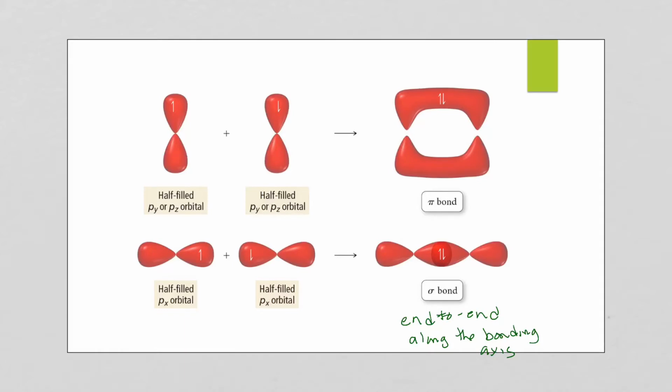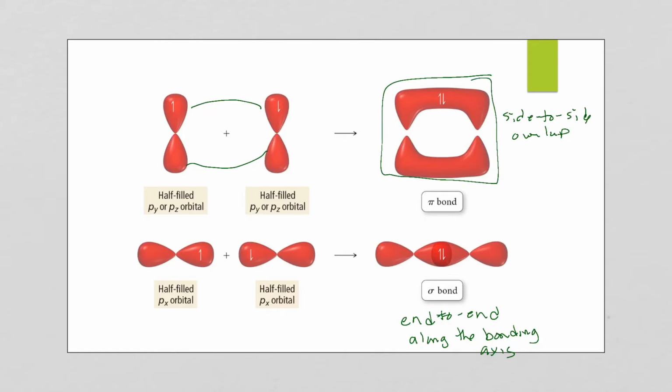The pi bond is sometimes called a side-to-side overlap, where a p orbital, or sometimes a d orbital, has two lobes that make two sets of overlaps, one in the upper lobe, one in the lower lobe, to give this sort of orbital shape where we have two areas of overlap from the two areas of the p orbital.